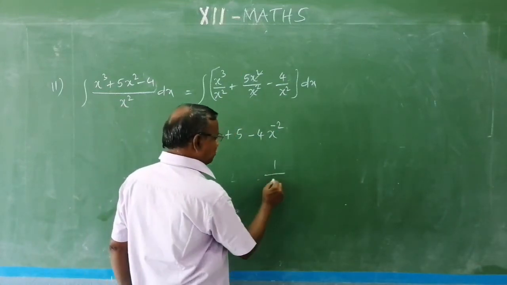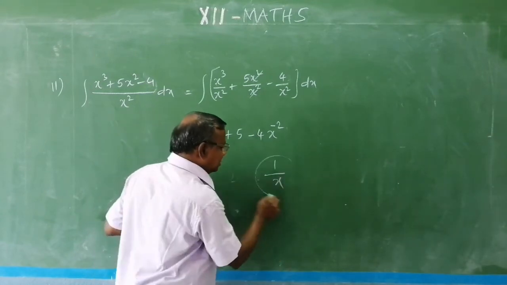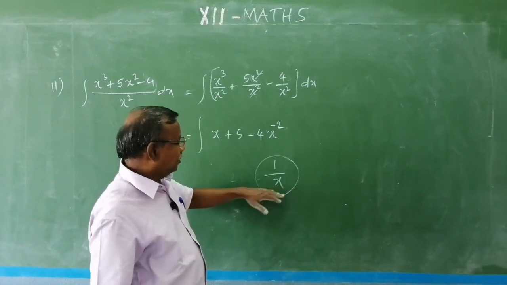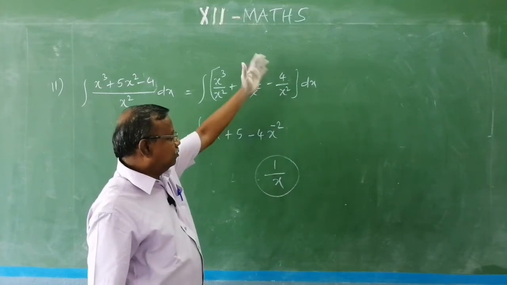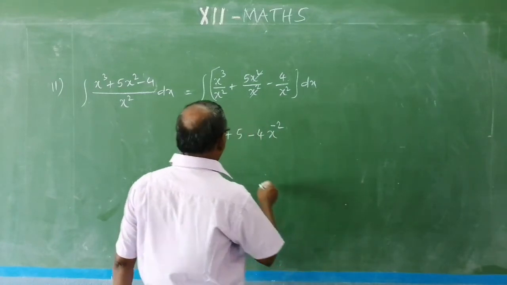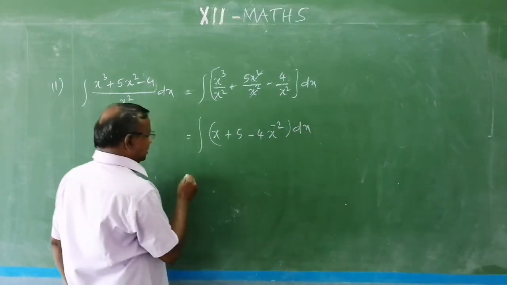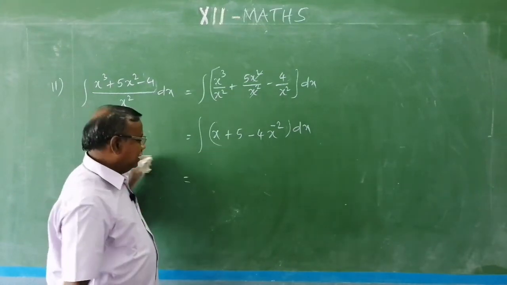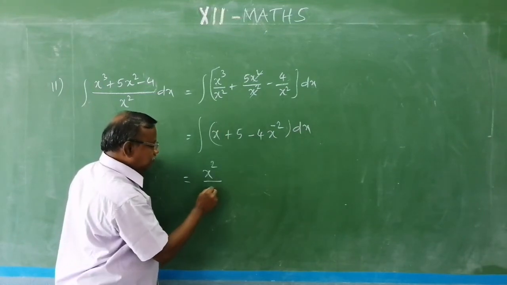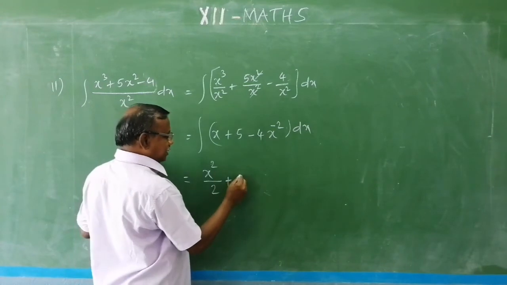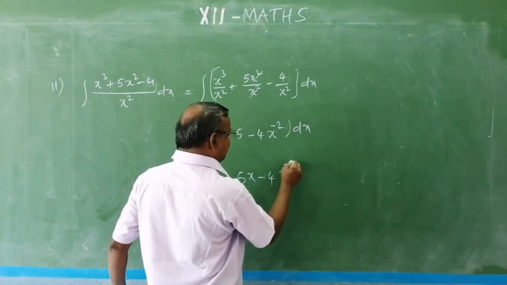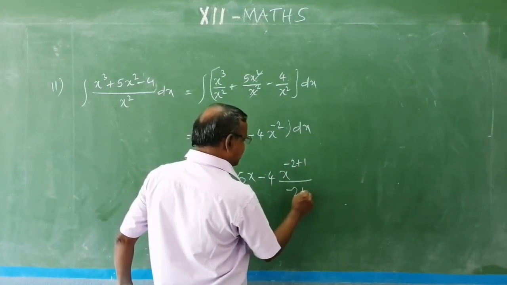If you have 1 by x, you just integrate, that is 1 by x is log x. For any other power except 1, you can bring it to the numerator. So it is accordingly 4 into x power minus 2 into dx. Now the first one, x power n plus 1 divided by n plus 1, that is 1 plus 1, 2, divided by 2. If you integrate the constant, you get the constant with x, and minus 4 into x power n plus 1 divided by n plus 1.